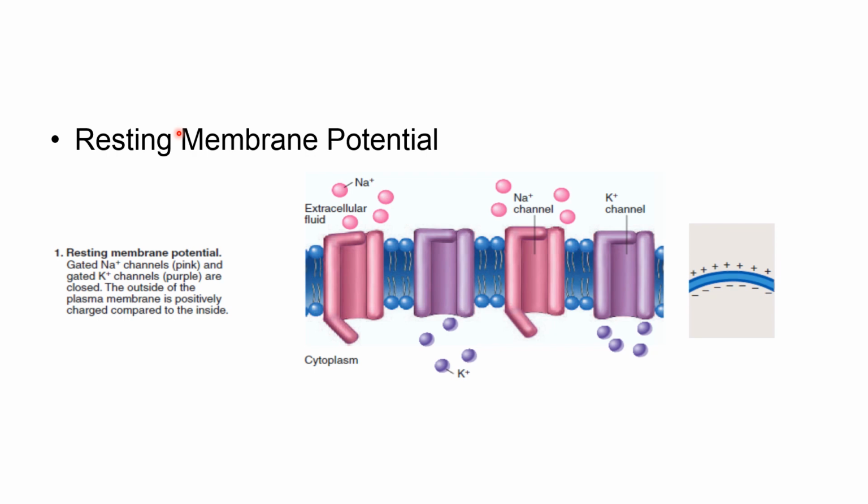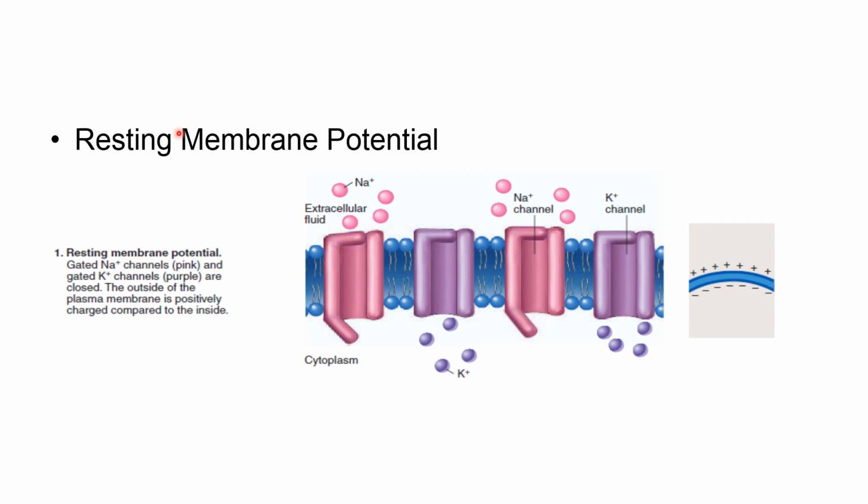So resting membrane potential exists along three tissue types: epithelial tissue, muscle tissue, and nerve tissue. Two of them, nerve cells and muscle cells, can conduct action potential, so they are called excitable. And epithelial tissue cannot conduct action potential, so it is called non-excitable.